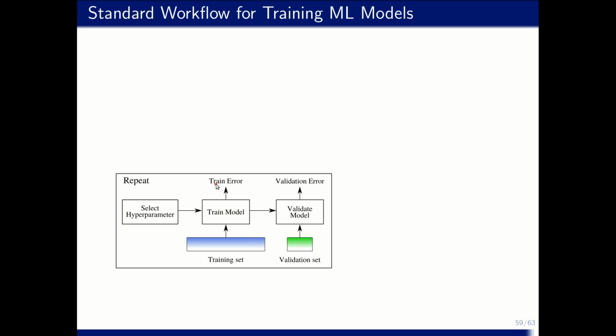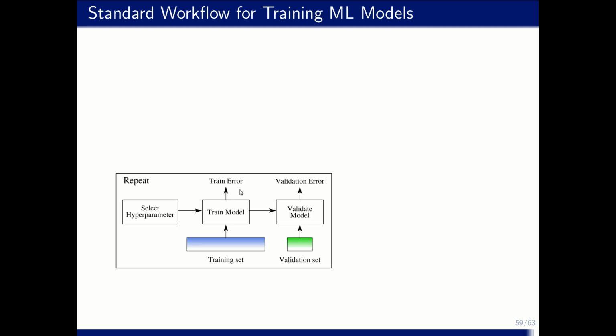Of course, we can evaluate the train error, but as said, the train error tells us little about the true performance. So we would then pass on our model to the validation stage, where we evaluate the error on the validation set and get a validation error. We do this for each setting of hyperparameters which we consider.